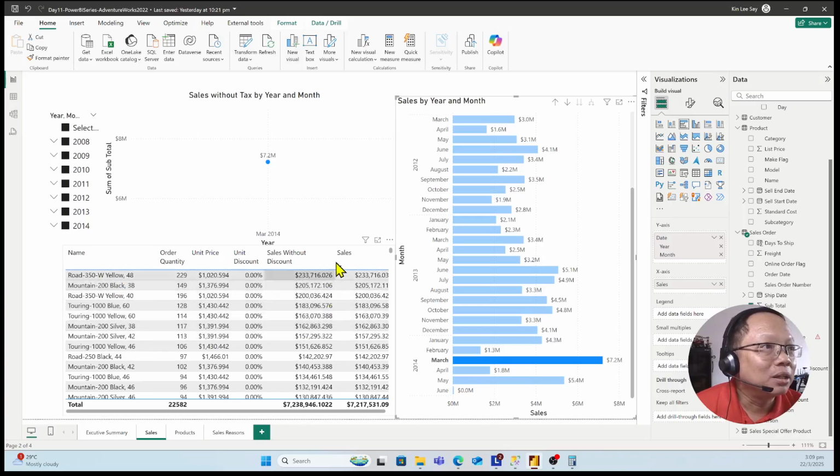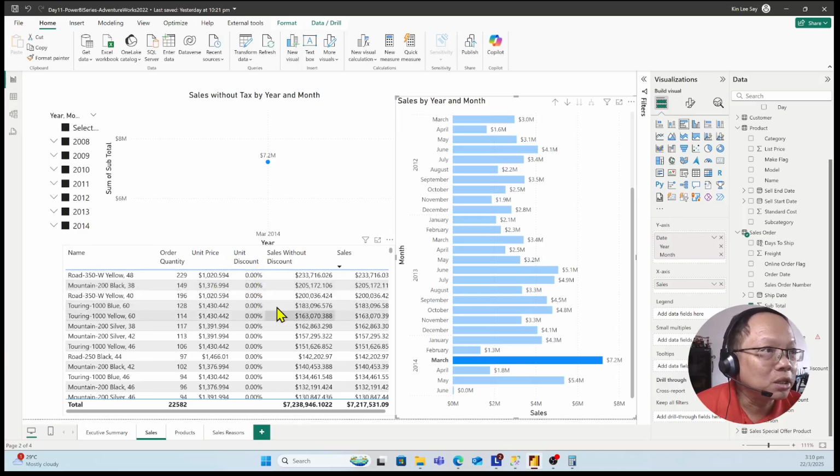Okay, with 233,716 and 3 cents, and we earned this value with an order quantity of 229. And then the next one is the Mountain-200 Black. I guess this is inch or something. So we have 149, and the unit price is 1,376.